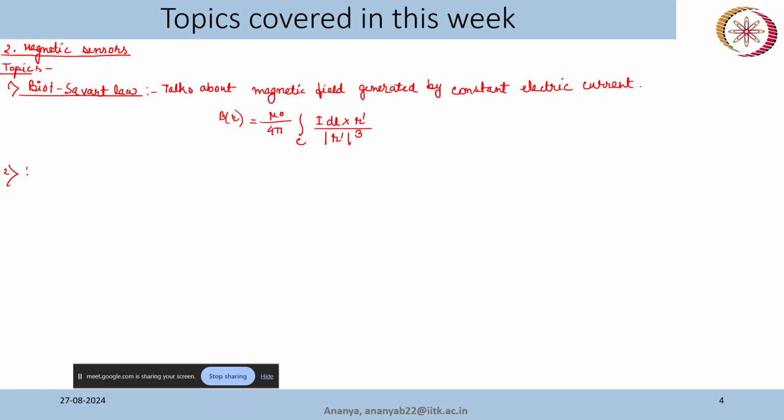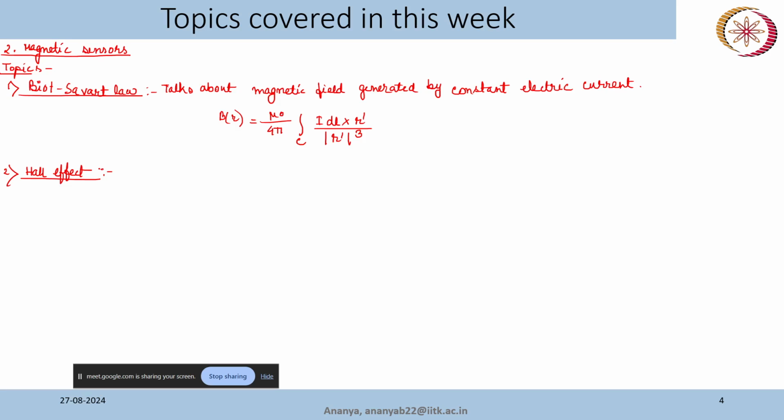The second topic was Hall effect. I hope most of the students here are from an ACE or AA background, so you have studied Hall effect. Hall effect is mainly used to detect the type of the semiconductor, whether the material is p-type or n-type, and the concentration of the majority carriers in a semiconducting material.